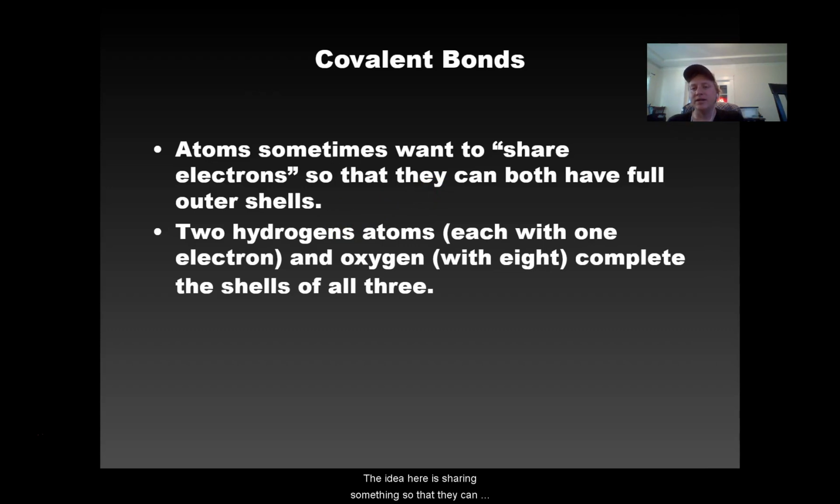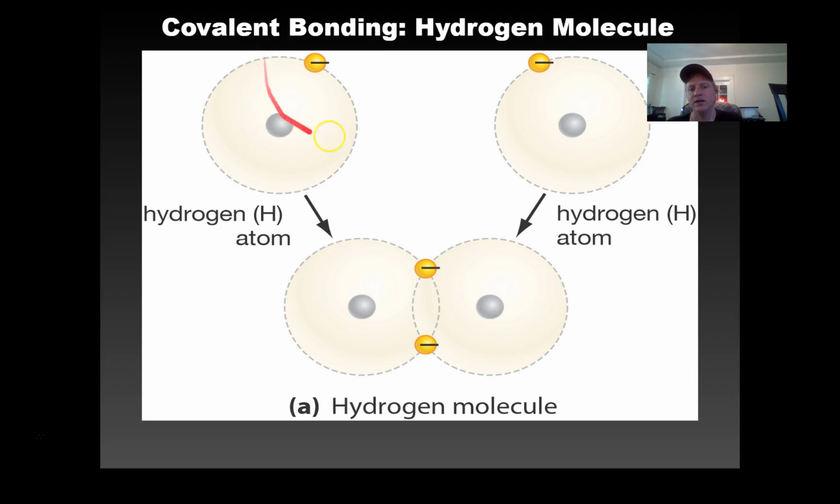So the idea here is they're sharing something so that they can both get to a more stable configuration. If you took 2 hydrogen atoms and you put them together, you would yield H2 because they are sharing that outermost electron. Here's hydrogen, you put them together to form H2, which is more stable than those hydrogens by themselves.